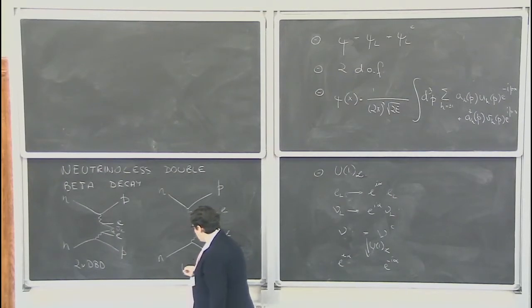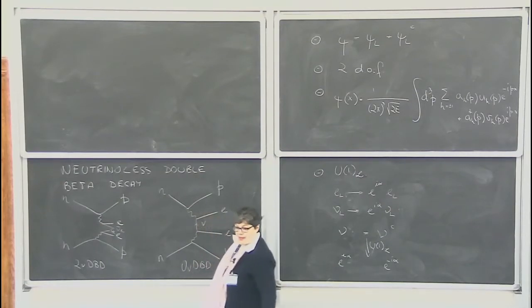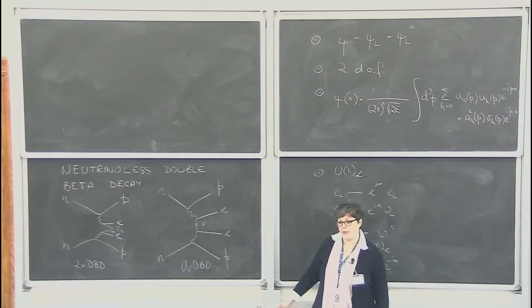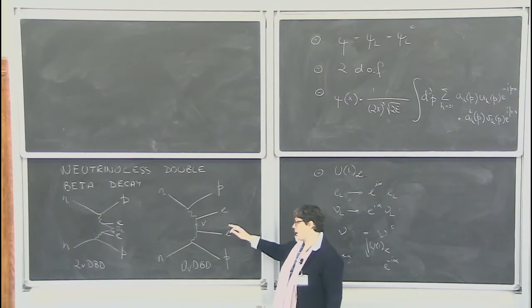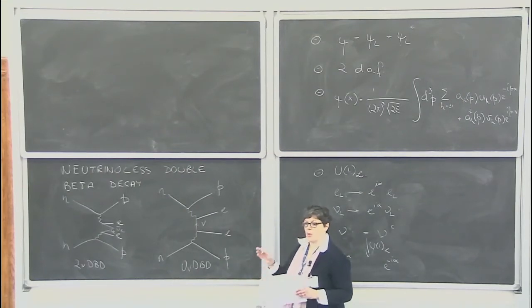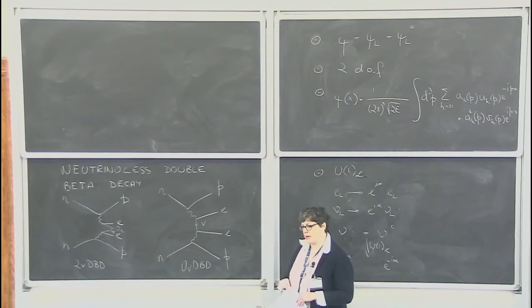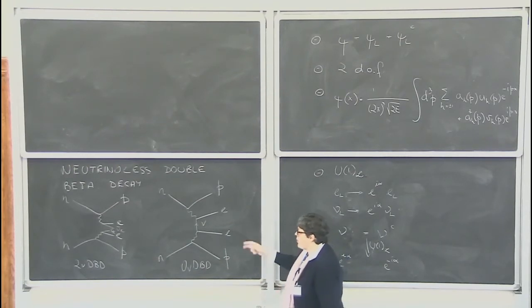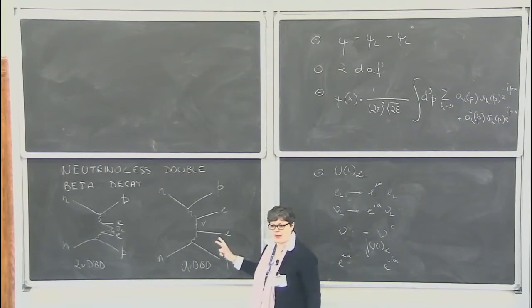We have not seen it yet, so we don't know. If we never see it, under certain conditions, we could possibly establish that neutrinos are Dirac particles. Otherwise we just put limits on the violation of lepton number. The moment we see this, lepton number is violated. For the time being, we don't know.